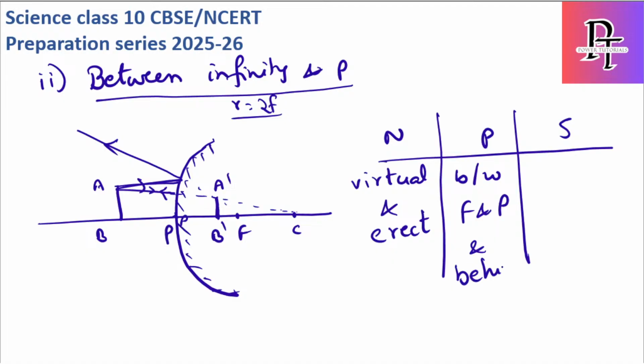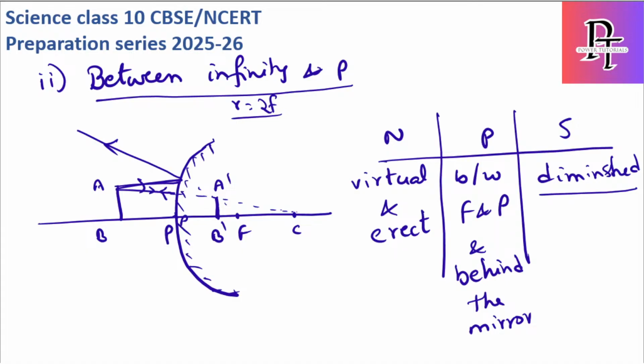This is also important, whereas for concave it will be before the mirror. Now it is behind the mirror. What about size? The size got diminished. It's not point sized, but still smaller when compared to before. Hence the size is diminished.